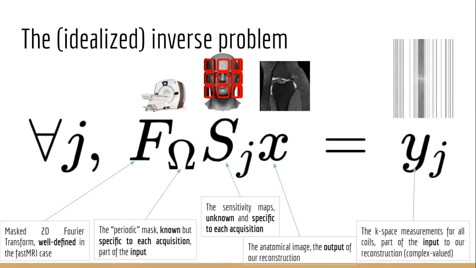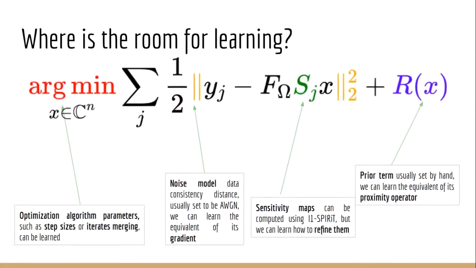And so, as we did in the previous talk, when we have an ill-posed inverse problem, we are going to try to solve it by formulating an optimization problem. So, as we saw before, the optimization problem is typically composed of two parts.